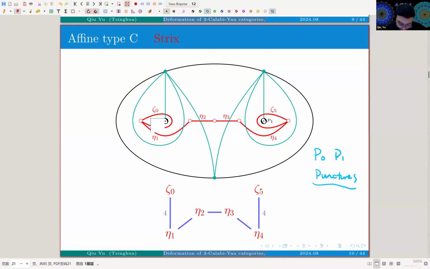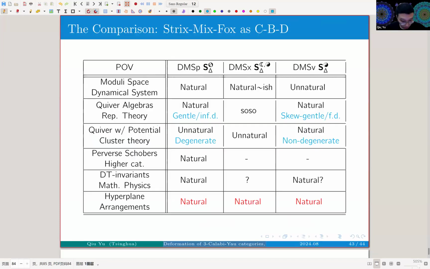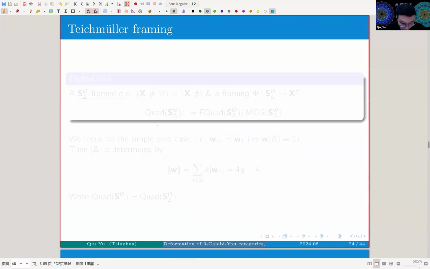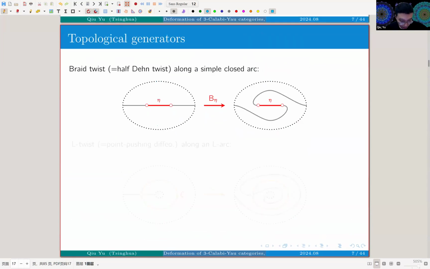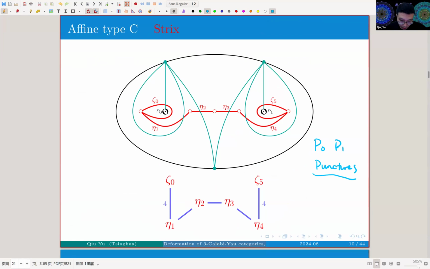So for this surface with marked points, you can take a triangulation of this marked surface. The marked surface is this triangle with two punctures in the middle, and then you can draw other arcs connecting marked points or punctures to divide the surface into triangles.